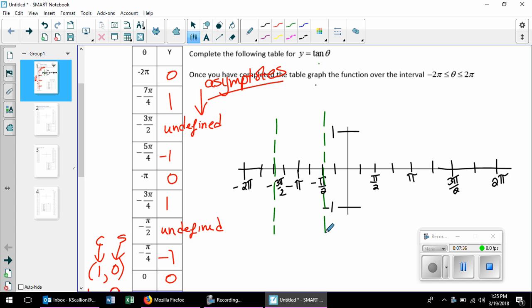What's the distance between -3 pi over 2 and -pi over 2? Very good. Pi. We got 1.5 minus a half, so you get 1, right?